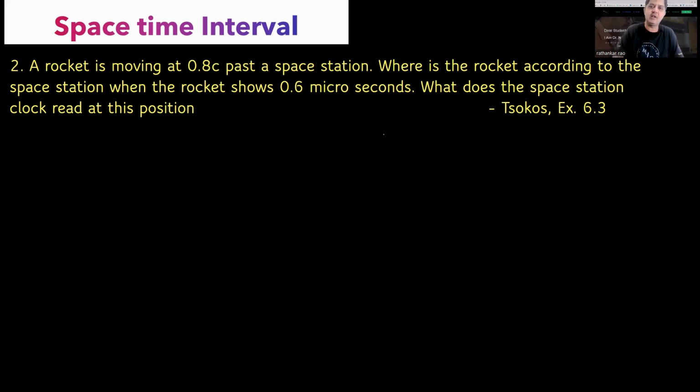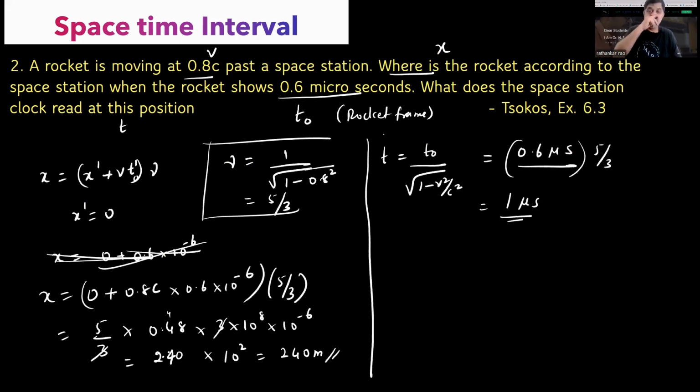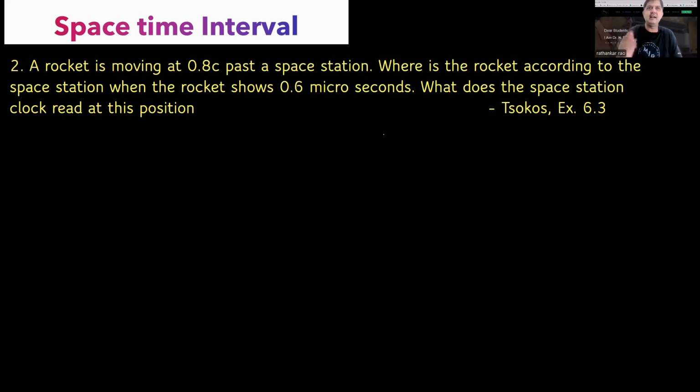Okay, now what is it that we have got? We have got the value of t. Now what we'll do is we will write down the value of x dash and t dash and x and t, and then find out the invariance. X comma t is equal to how much? X comma t is what we found out now, which is 240 and 1 microsecond.